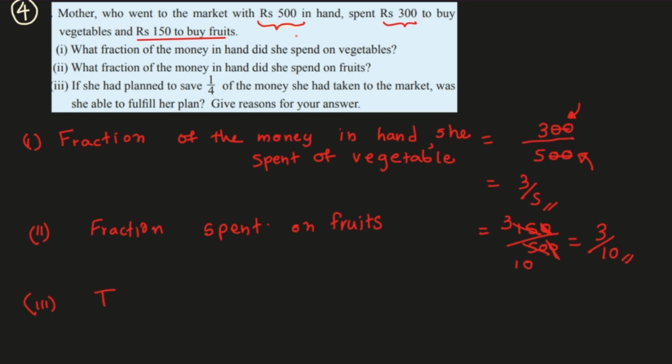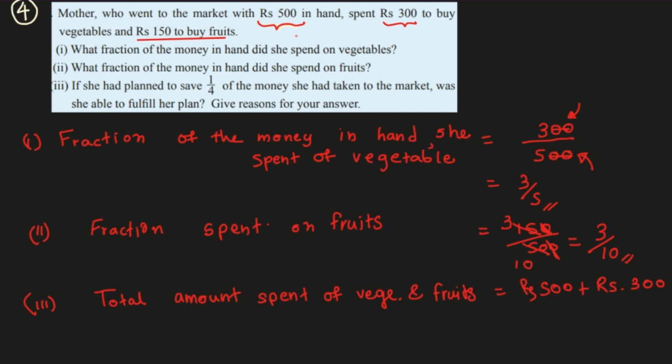So the total amount spent on vegetables and fruits equals what? Sorry, it's not 500 and 300.